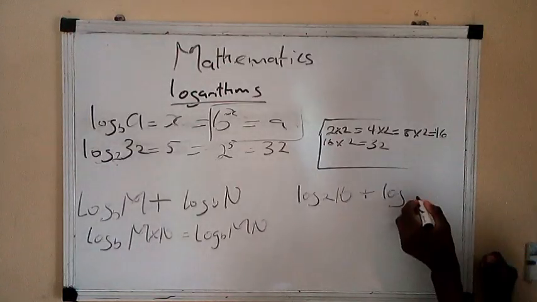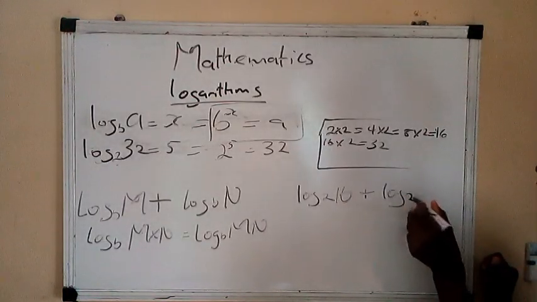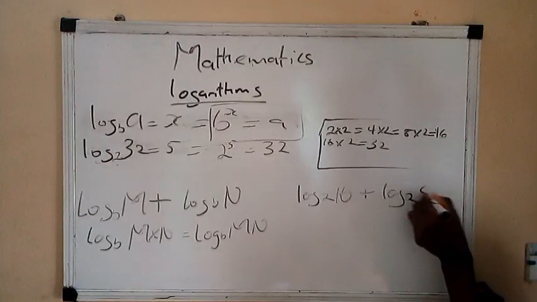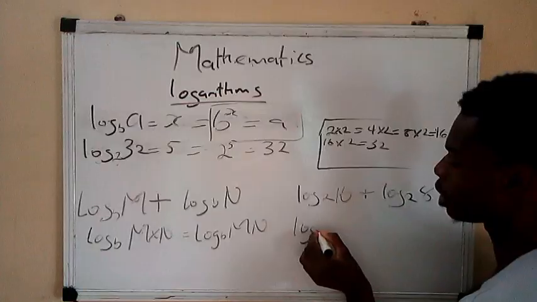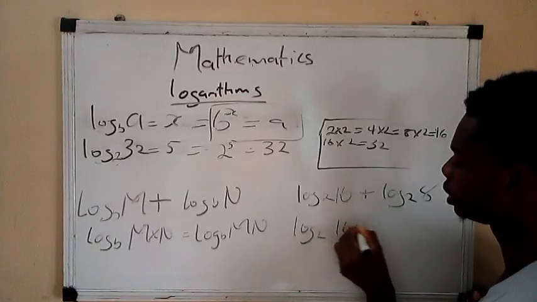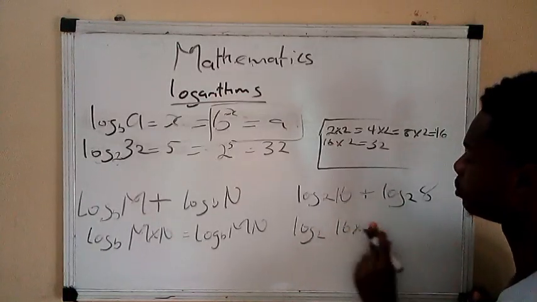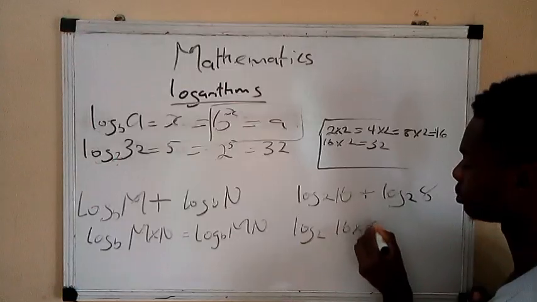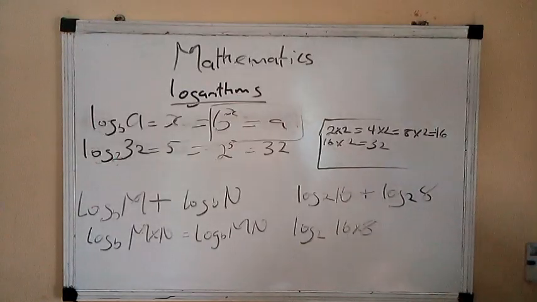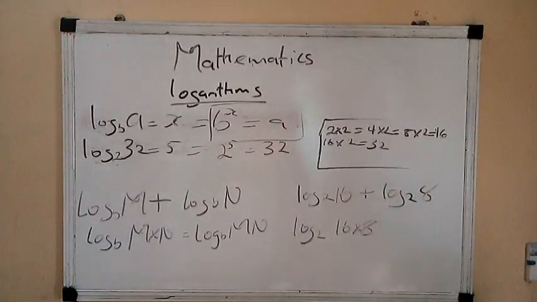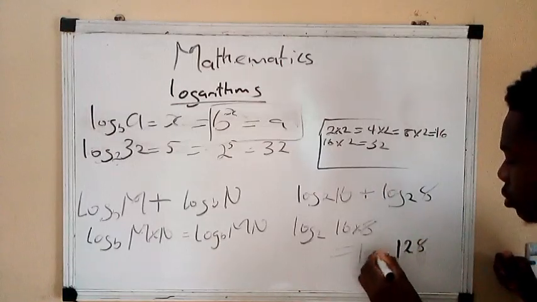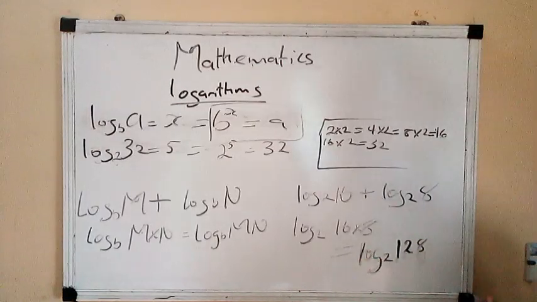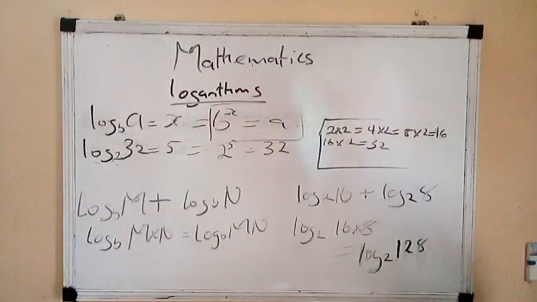It's the same thing as me saying take one base 2, 16 times 8. 16 times 8 is now what? 128 base 2. Are you getting me here? Alright, so this is it for this.